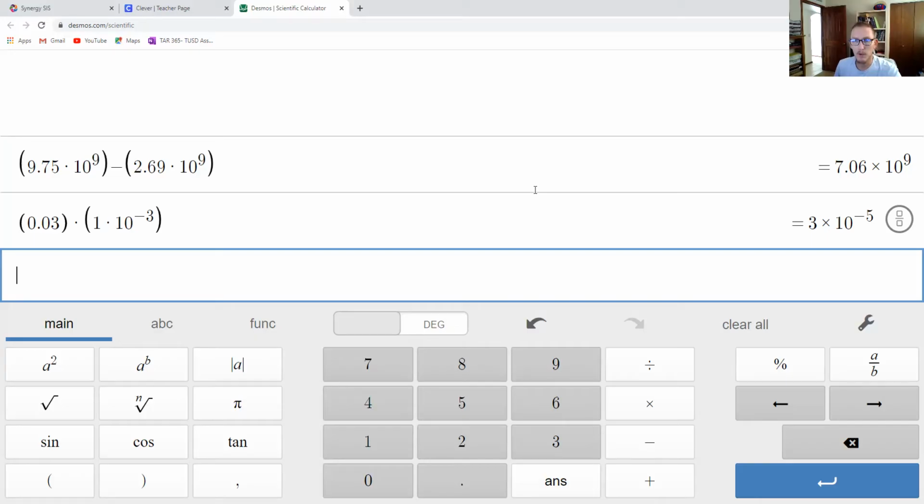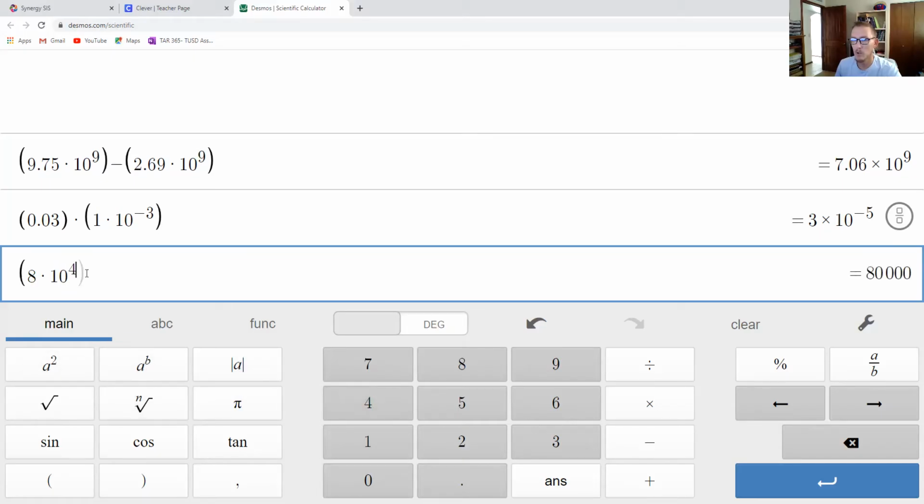All right. And then if you recall, our final problem that I had written down on paper was a division. Now this one's going to be really key because it's going to put it in a fraction bar. So it was 8 times 10 to the 4th divided by 2 times 10 to the 2nd. So I'm going to set up my parenthesis again. 8 times 10 to the 4th. Exponent button here. This is the key. 4th power. Don't forget, click outside of the parenthesis. If not, when you do division, watch what happens.